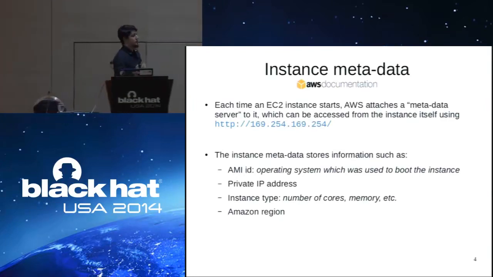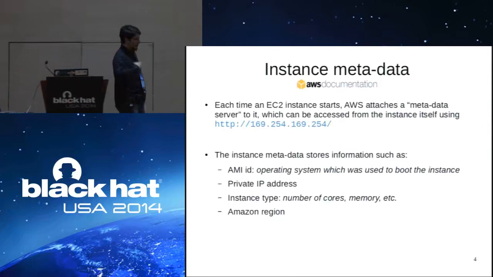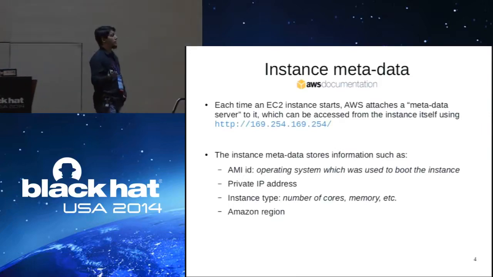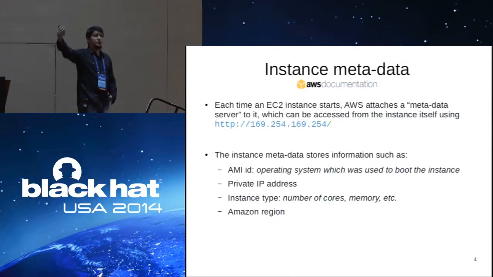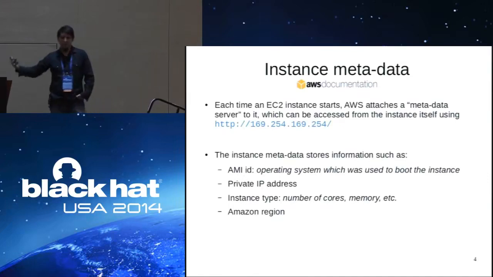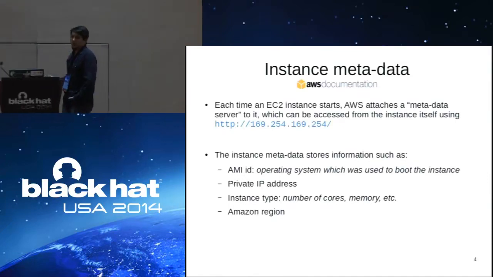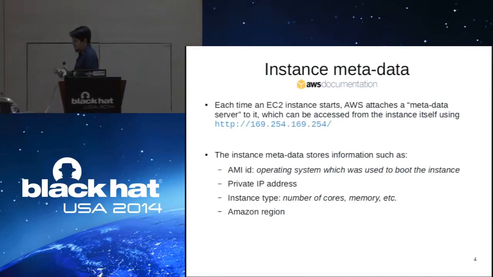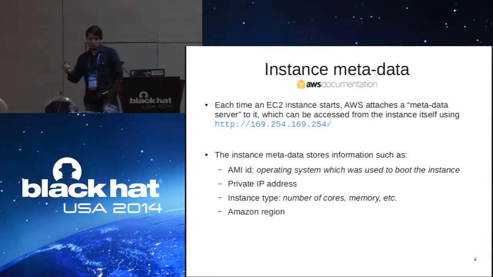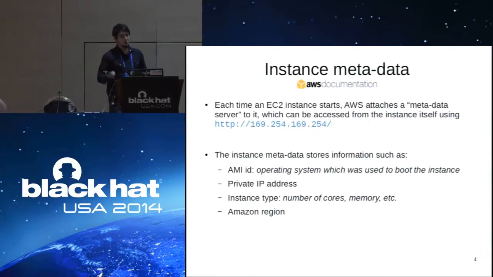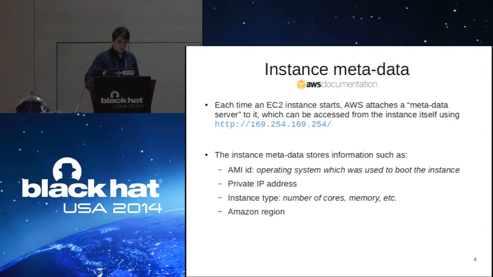Some AMIs are public, and if you're an attacker and you know the AMI, you search it, and if that AMI is public, you might be able to identify which operating system is running and with which configuration. So that's good information to have.